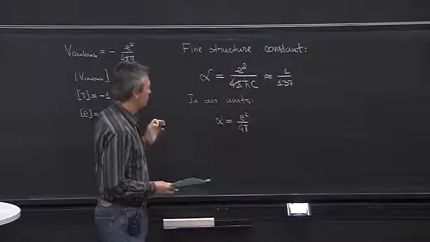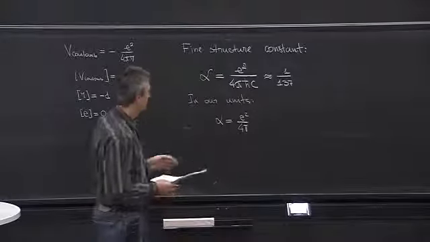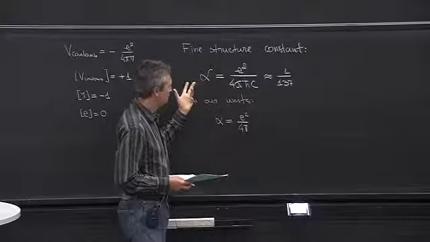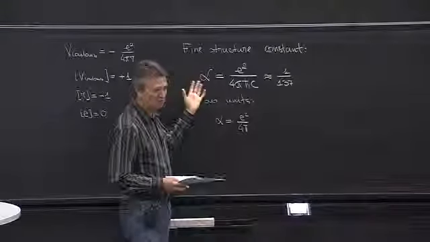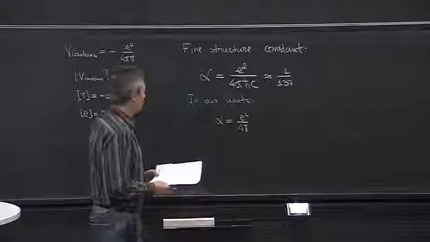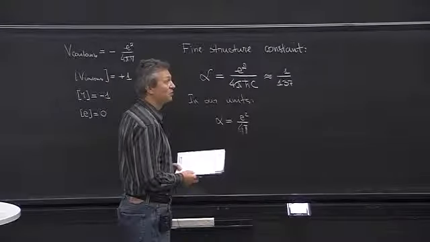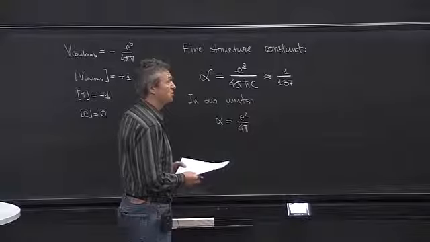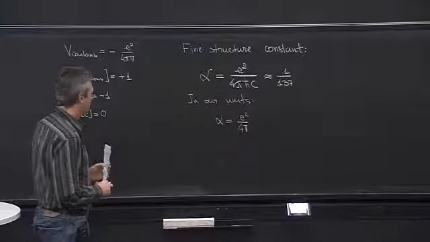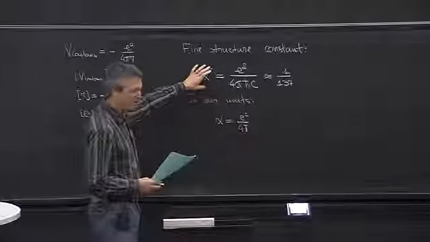They split due to relativistic effects, and the splittings are pretty small. The characteristic splitting is actually proportional to alpha squared, so it's around 10 to the minus 4. But anyway, the name comes from there.